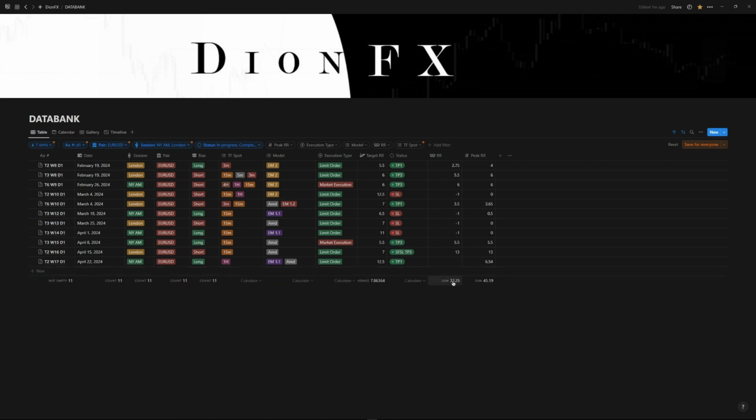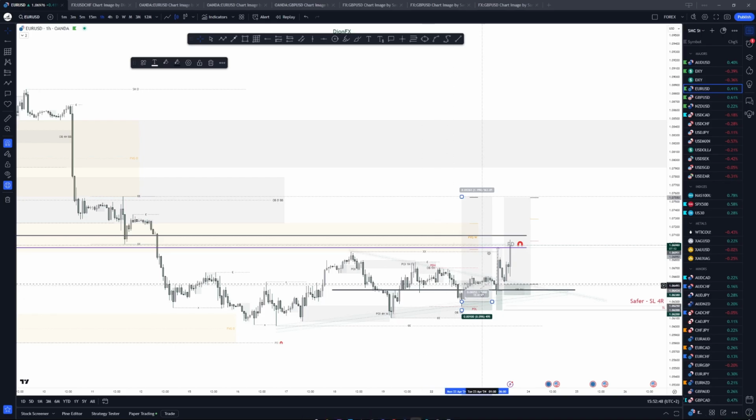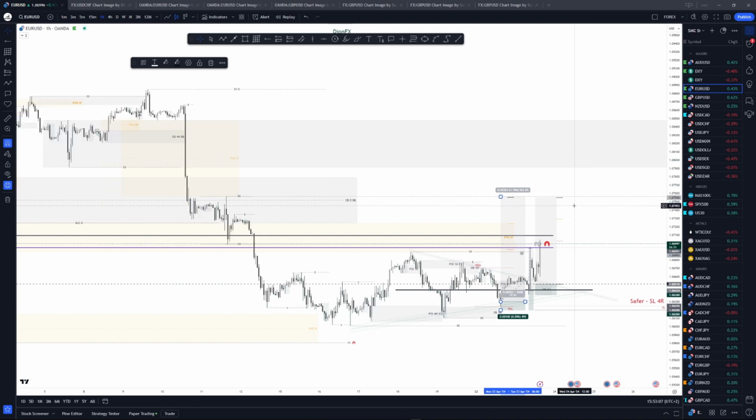They give me an average of about 3R. So I knew that price would be going to the upside, and price right now is going to the upside. As you see, take profit one has been hit, and take profit two will eventually get hit. So just by using my stats, I know that taking this trade will help me, will kind of guarantee me a win.